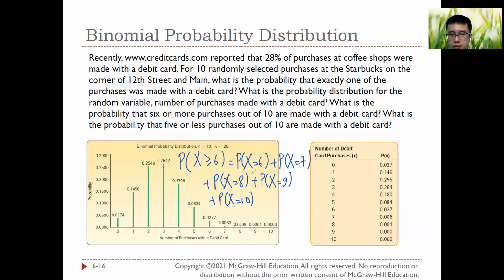You can sum up all these values and find the value of this equation. We sum up from 6 until 10. This is the result of this question.